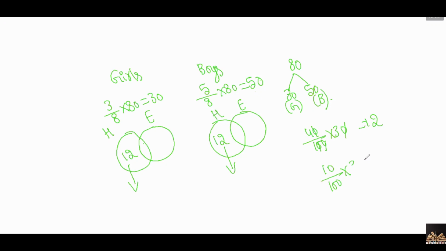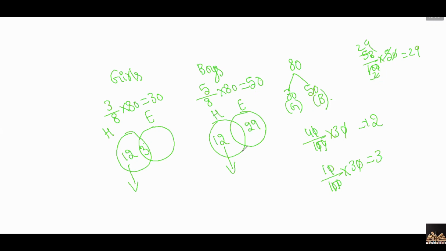Girls are 30. So 10% of girls speak both the languages. So the girls who speak both the languages is this part. So that is 3. Next given is 58% of the boys. 58% of the boys means what? 58 by 100 into boys are 50, right? That is 29. So 58% of the boys speak only English. That is, this value is equal to 29.